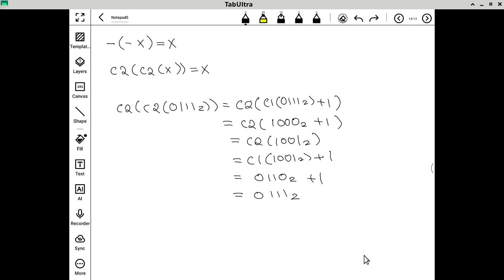Why do we start with two's complement? Oh, you mean why we are expanding this one first and not expanding the outside C2? I'm not sure what you mean by that. Are you asking why we expand this part into this part?